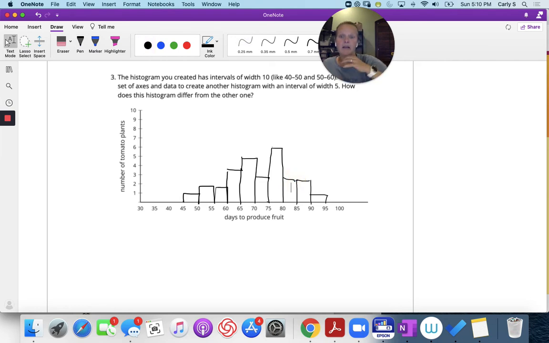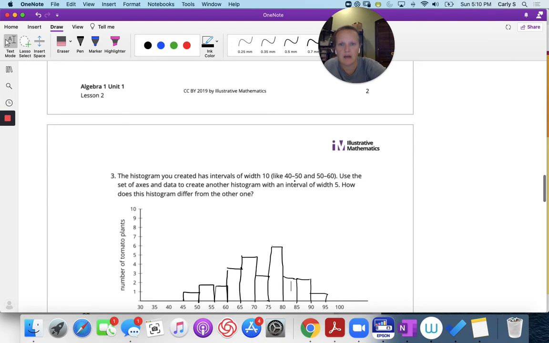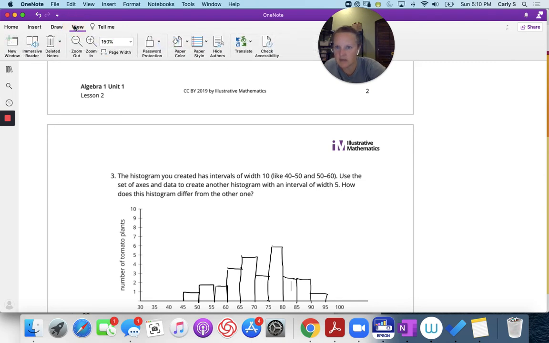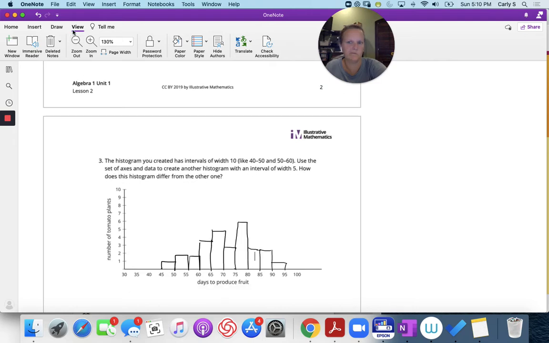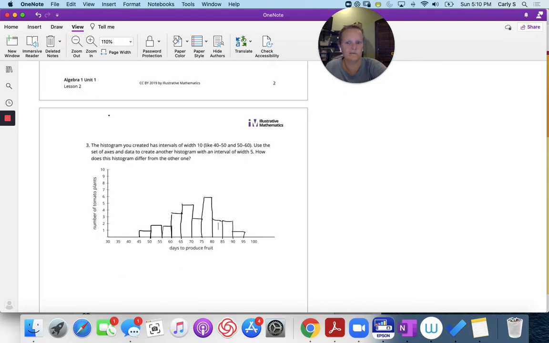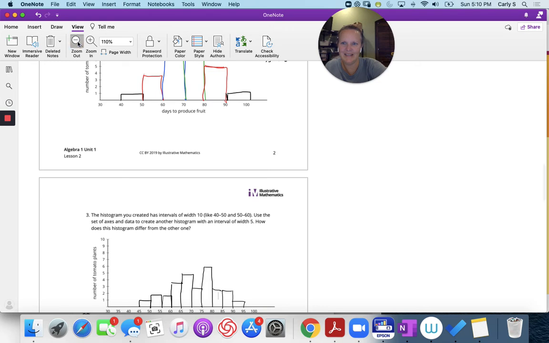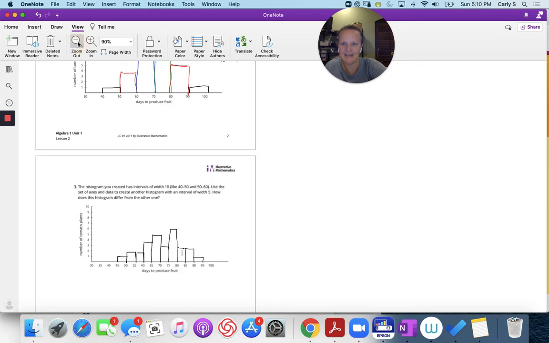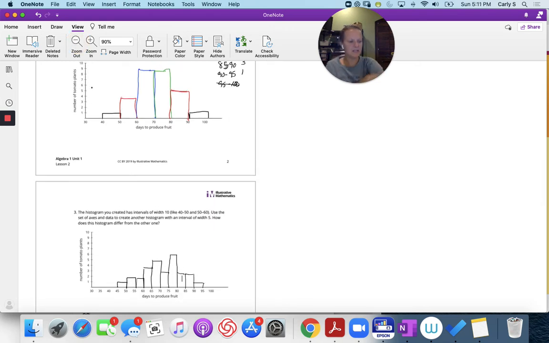All right. How does this histogram differ from the other one? I think I can see them. See if I can shrink this down a little bit. That's cool. So how is it different from the other one? Like, what do you see here?